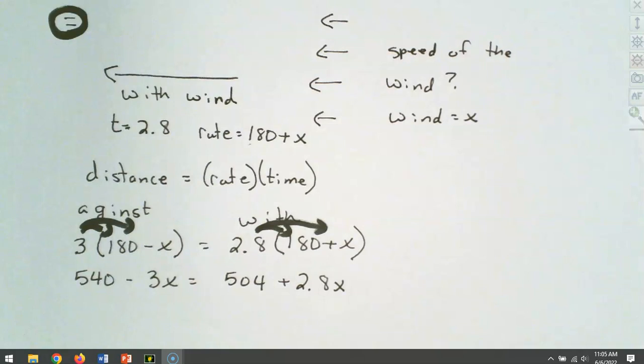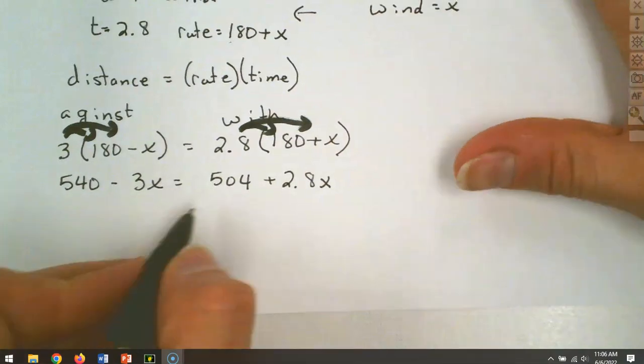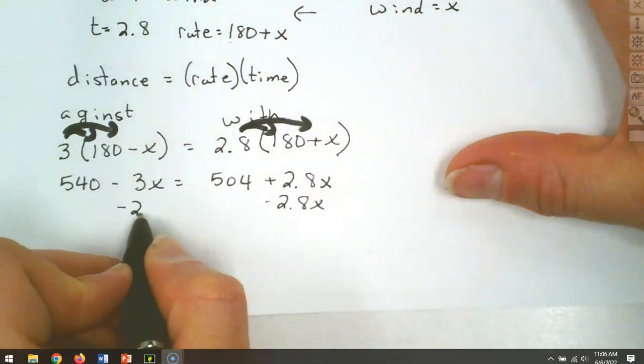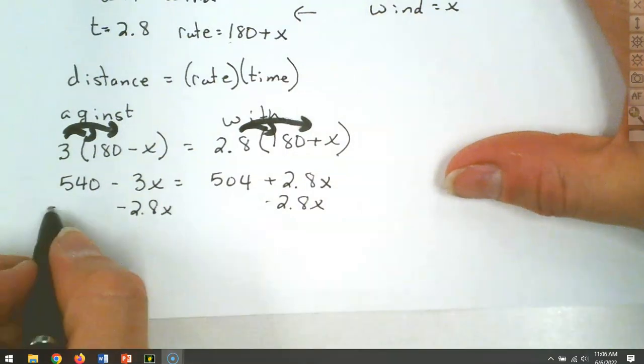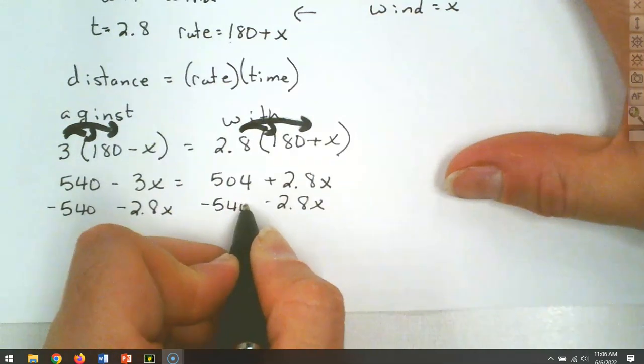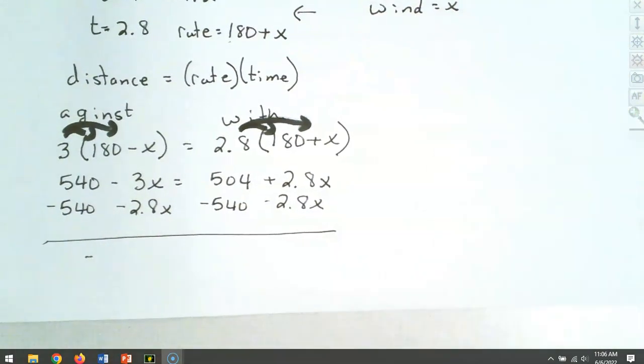Okay, so we just distributed through. Now we're going to move these around, and we're going to solve. So let's go ahead and move that 2.8 over with subtraction, and move that 540 over as well. And now it looks like we've got a minus 5.8.